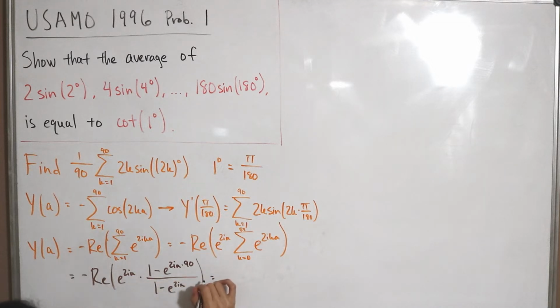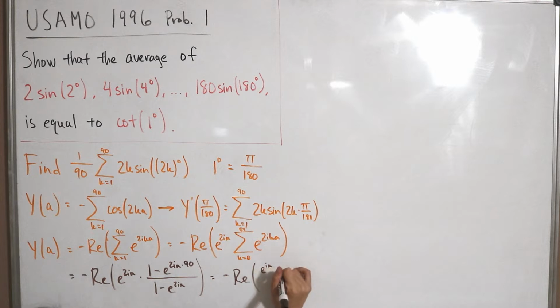From here we can distribute the e to the ia, and with further simplification, we get the negative real part of e to the power ia minus e to the power 181ia, all divided by e to the negative ia minus e to the ia.